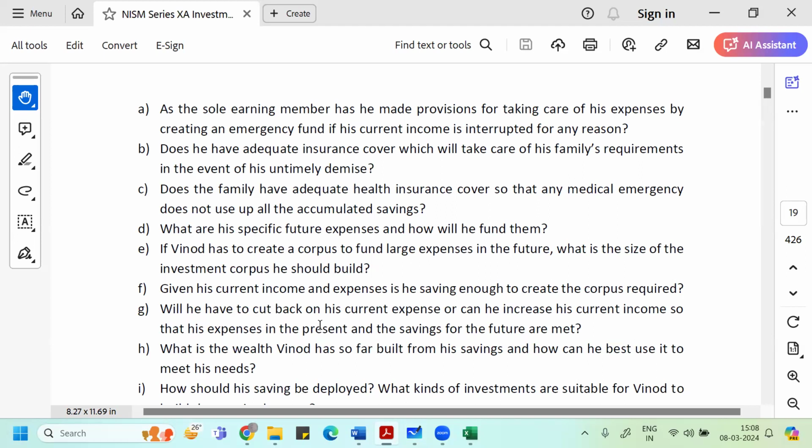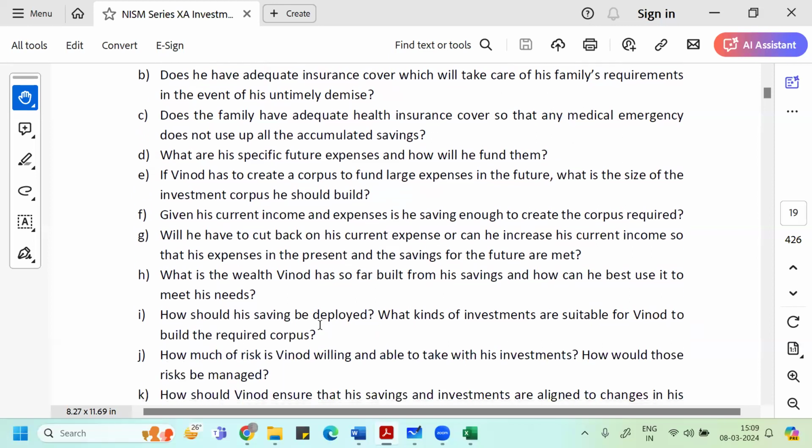If you feel this option may not be very lucrative, then we need to plan to minimize our expenses so that we can save more money at the end of the day, and that somehow will help us achieve our financial plan. So we need to work on this assessment at every regular interval of time.